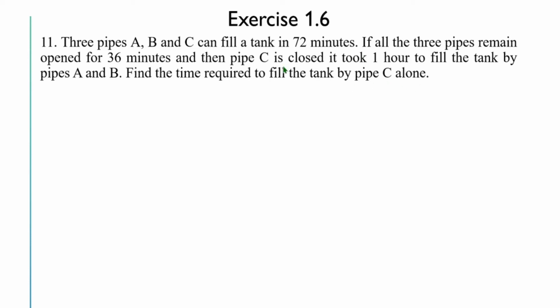So they have said 3 pipes A, B, C can fill a tank in 72 minutes, and then all the 3 pipes remained open for 36 minutes and then C was closed. After C was closed, A and B took 1 hour to fill the tank. So we have to find the time required to fill the tank by C alone.